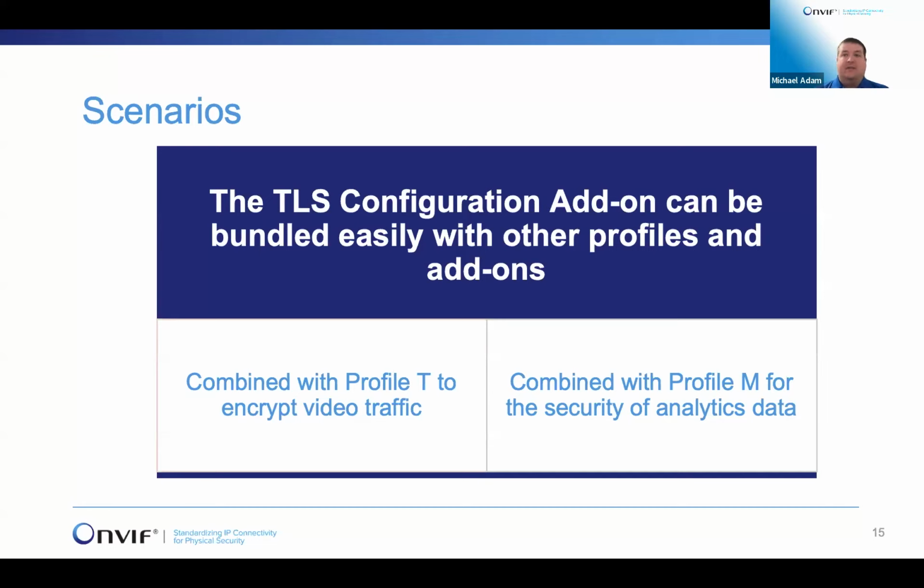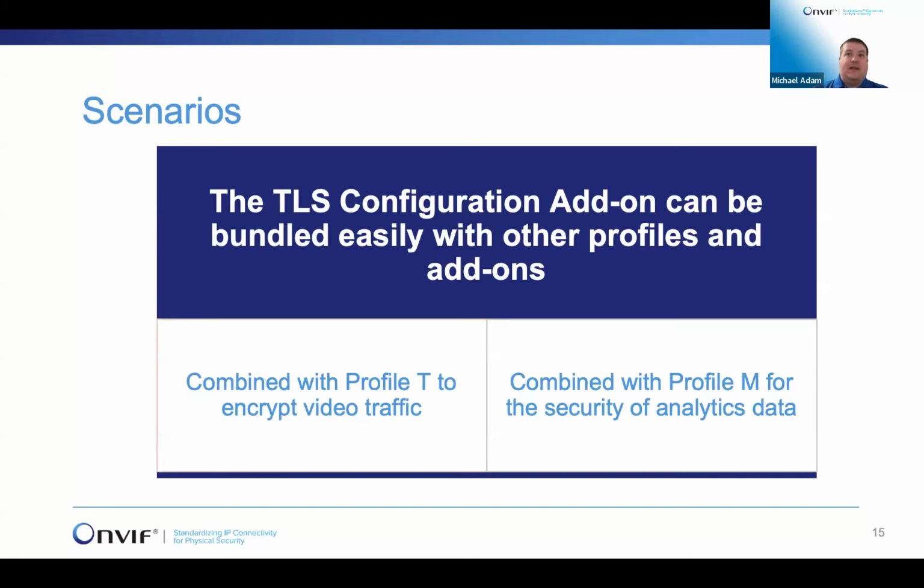So you can combine the TLS configuration add-on with Profile T to encrypt your video traffic. Profile T talks about the transmission side of encrypted video, where the TLS configuration add-on allows you to set up that specific bit of certificates to enable the encryption.